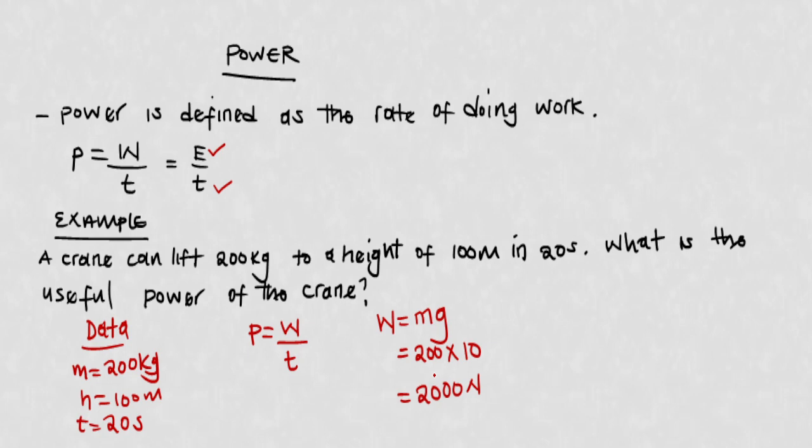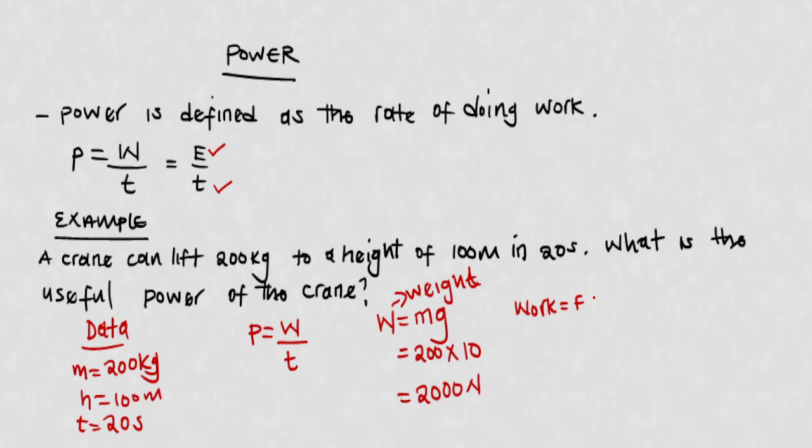Now what we have found is called weight, so don't make a mistake. We have found weight, but what we're looking for, we want to find work. How can we find the work? Work can be found by saying force times distance.